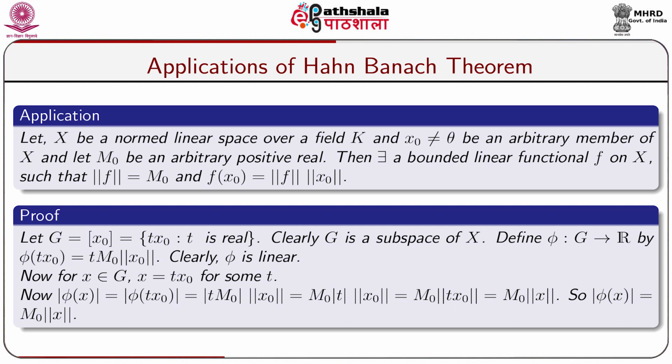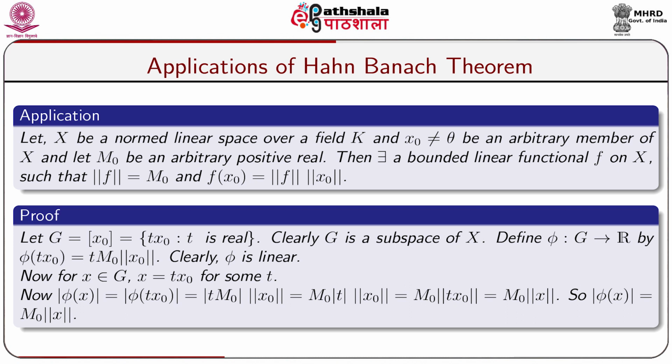So, modulus of phi of t x naught is equal to modulus of t m naught into norm of x naught by the modulus property, which is equal to m naught into mod t into norm of x naught, as m naught is positive. This is again equal to m naught into norm of t x naught, because norm of t x naught is equal to mod of t into norm of x naught, which follows by norm axiom number 2.